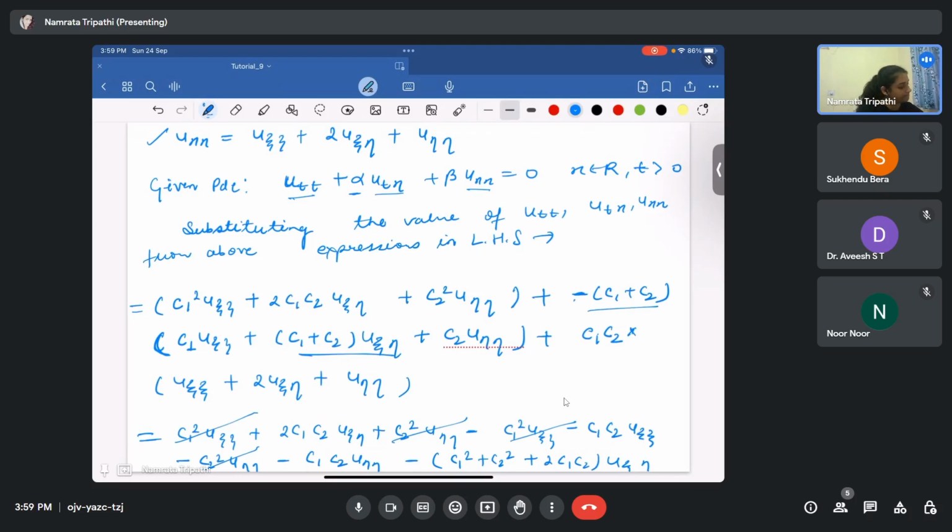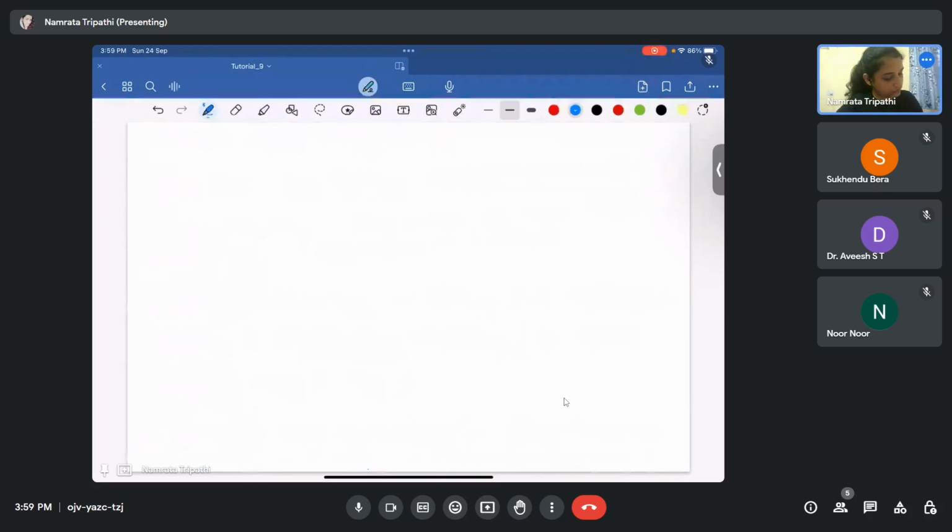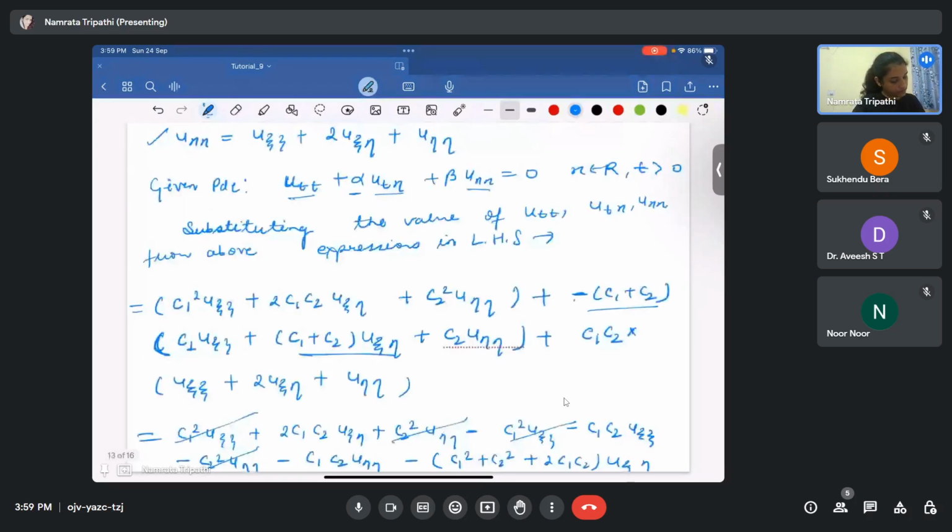Okay, just wait. After simplifying you will get the expression like this, and this is equal to 0.